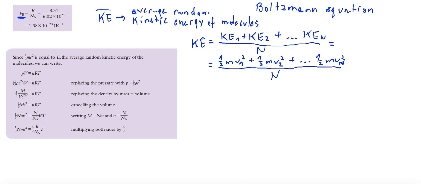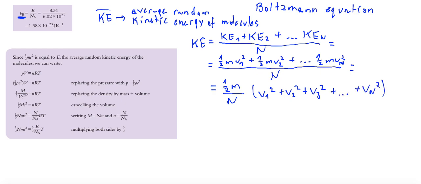So let's take it and write in the form of half of m divided by capital N, and in the bracket we have v1 squared, v2 squared, v3 squared, etc., up to vn squared. Is that clear?